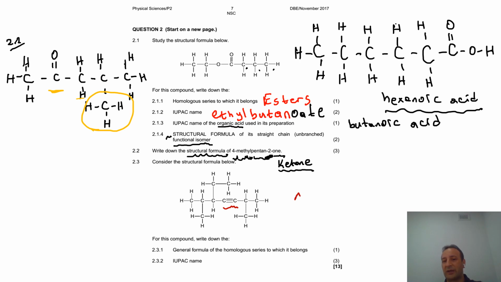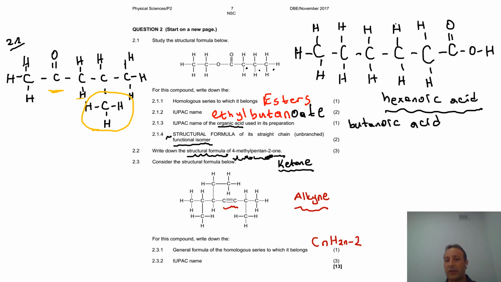So this is an alkyne molecule. The presence of a triple bond makes it an alkyne. Next, the general formula of the homologous series to which it belongs. Alkynes have the general formula CnH2n-2.